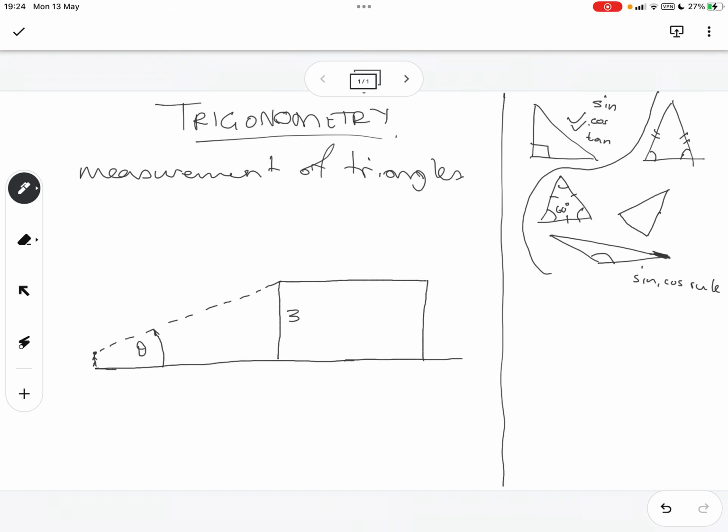So if you know the height of 3 meters of the tank, and you know the angle of inclination, in other words the angle that your line of sight makes with the horizontal plane, then you can work out how far you are from the tank using trig.